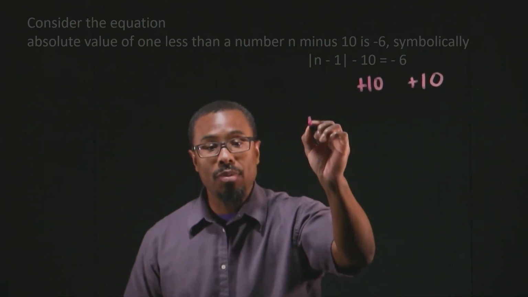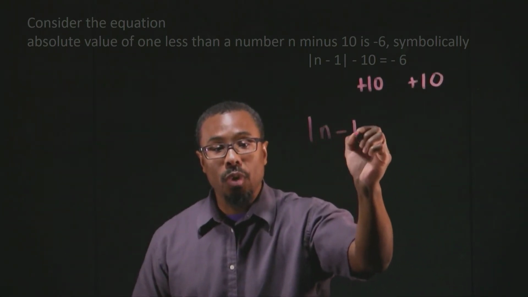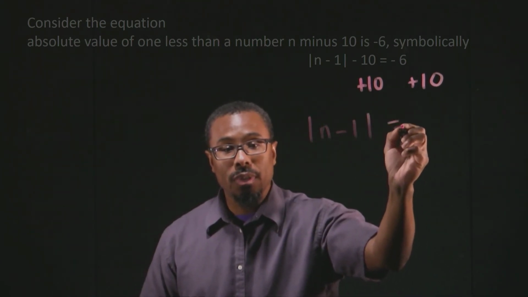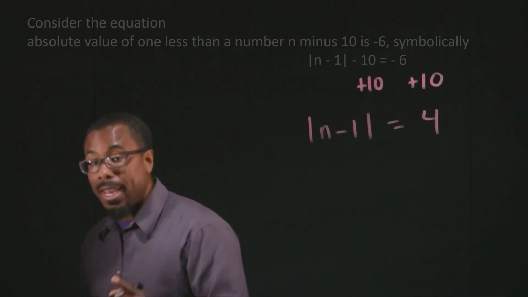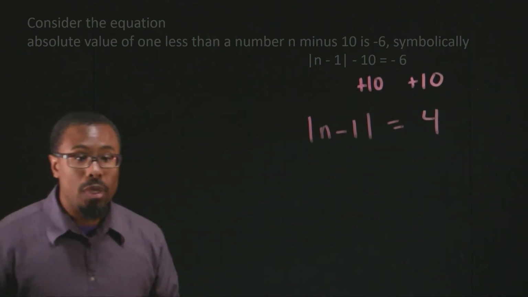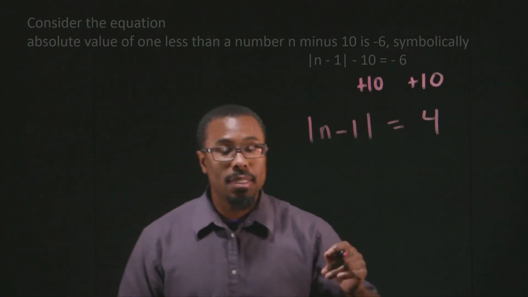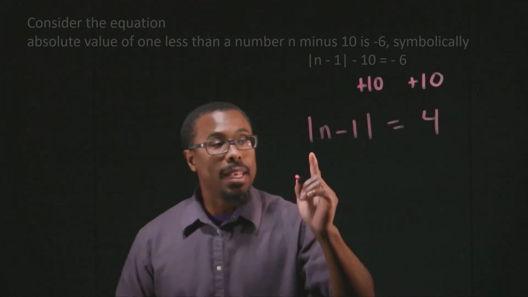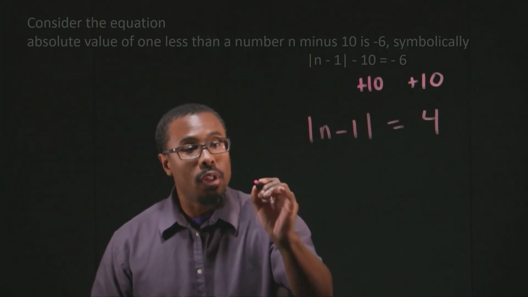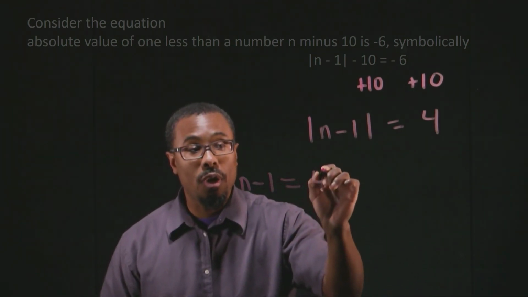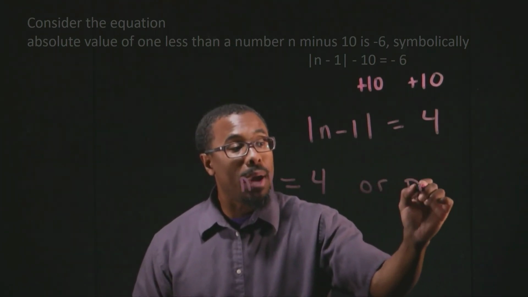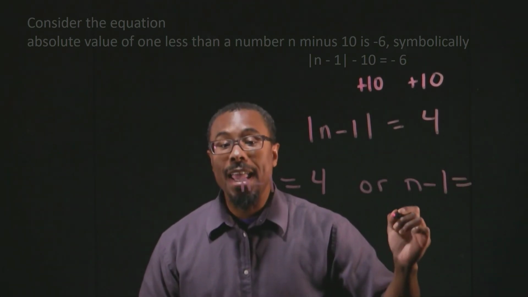Now we have the absolute value of n minus 1 equals 4. What has a distance that's 4 units away from 0? Namely 4 or negative 4. Thus, n minus 1 has to equal 4, or n minus 1 has to equal negative 4.